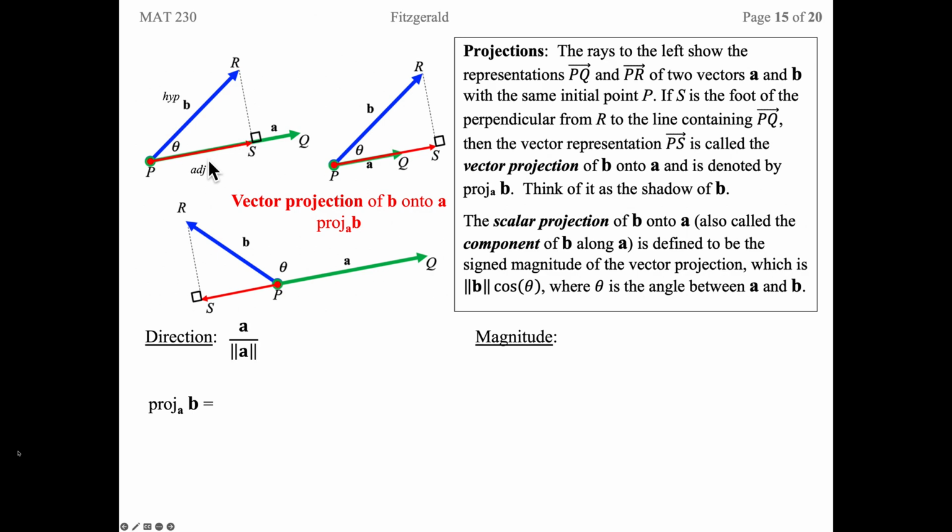That's the adjacent side. B is the hypotenuse. Cosine of theta is equal to the magnitude of PS over the magnitude of B. And if I solve for PS, I get the magnitude of B times the cosine theta.